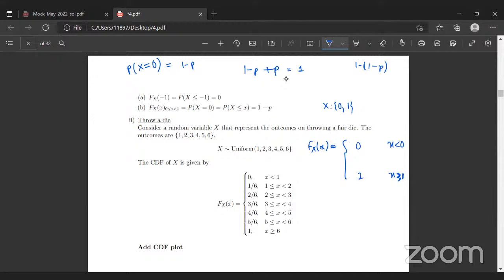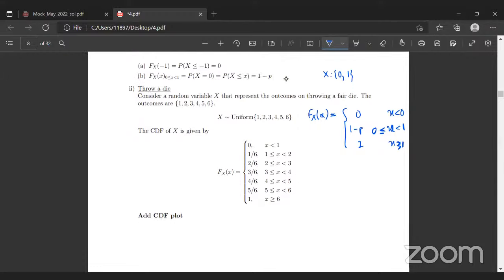So what is left is x lying between 0 to 1. It is 1 minus p. So probability that x is lying between 0 to 1: in this case, it is a discrete random variable and it takes just the value 0, discrete point 0. So that probability is 1 minus p.